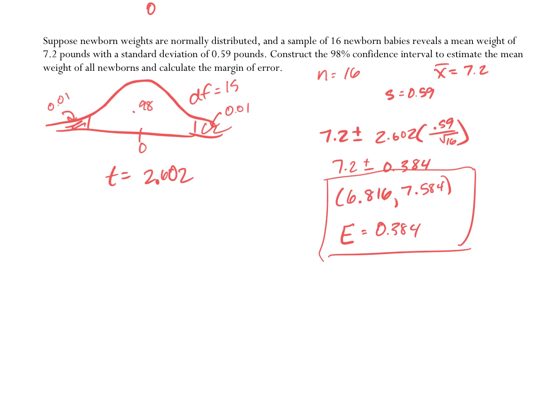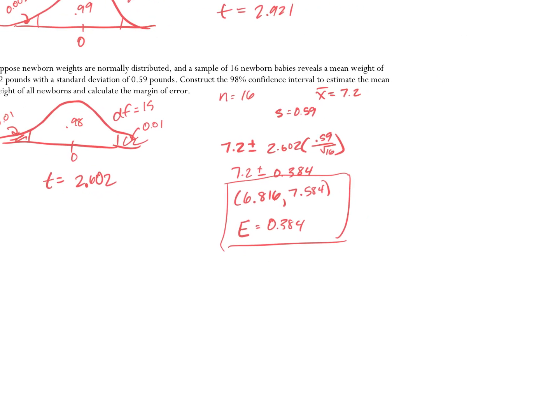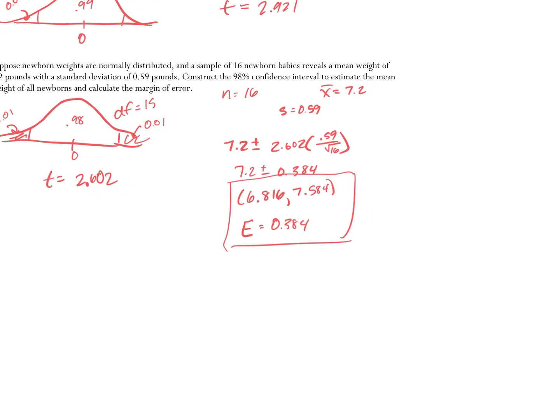Okay, you guys. You'll notice if you do those tests that just like you had a Z interval and a T interval, I can jump straight to the interval by choosing the T interval.